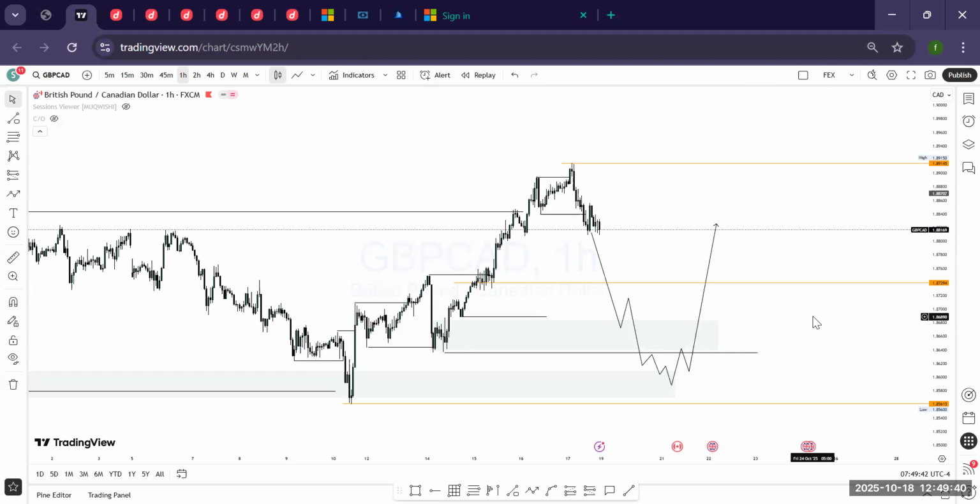My question now is, if it takes out the high and comes down like liquidity, instead of continuing, it changes the character. What can one do in that situation?